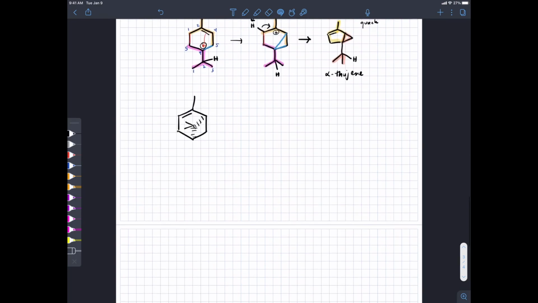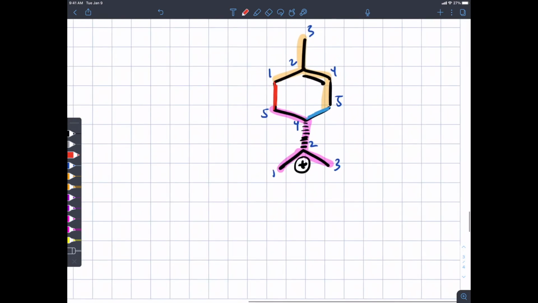Instead of doing the rearranging, if the double bond between orange 2 and orange 4 attacks carbon 2, we're going to make a new bond between 4 and 2, and that will leave a positive charge on orange 2.